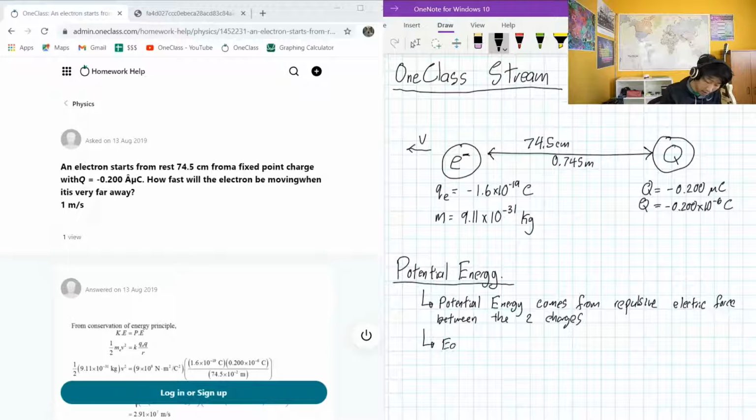Eventually all this potential energy, PE for potential energy, becomes electron kinetic energy.